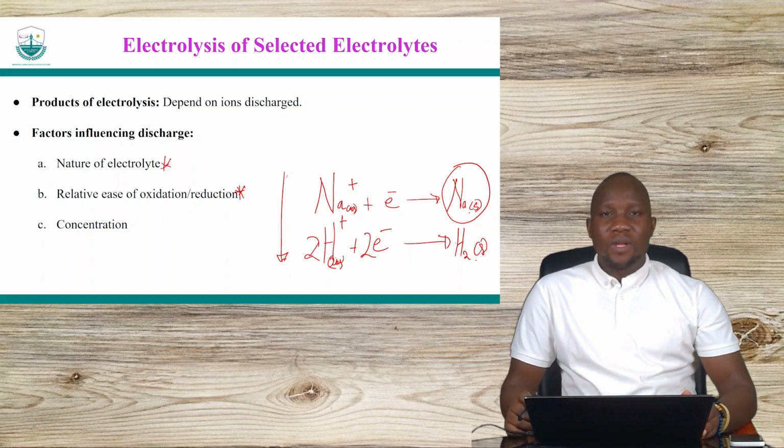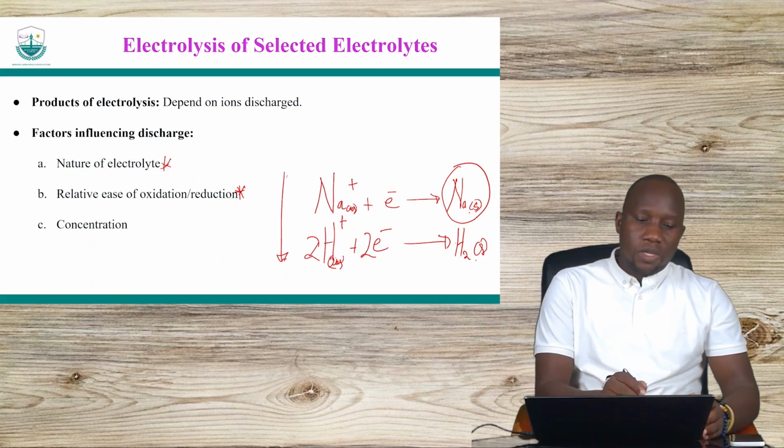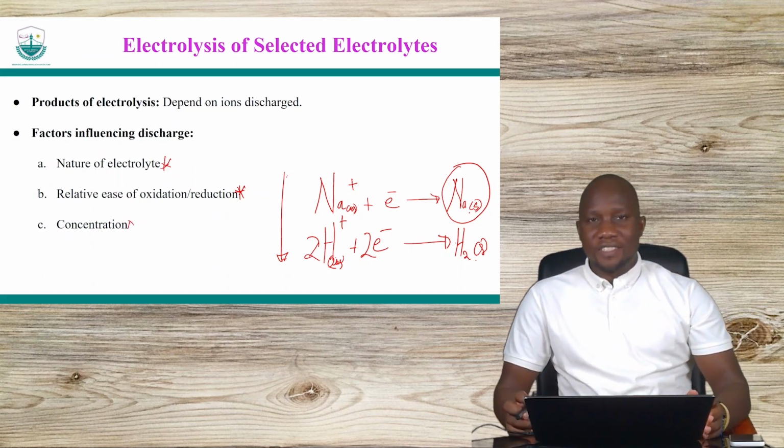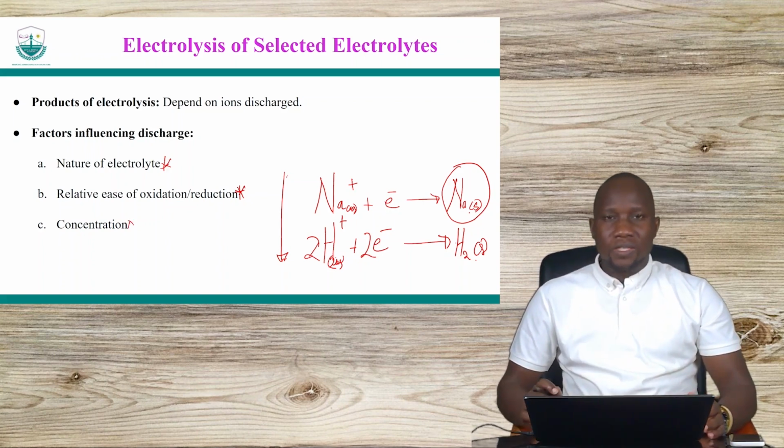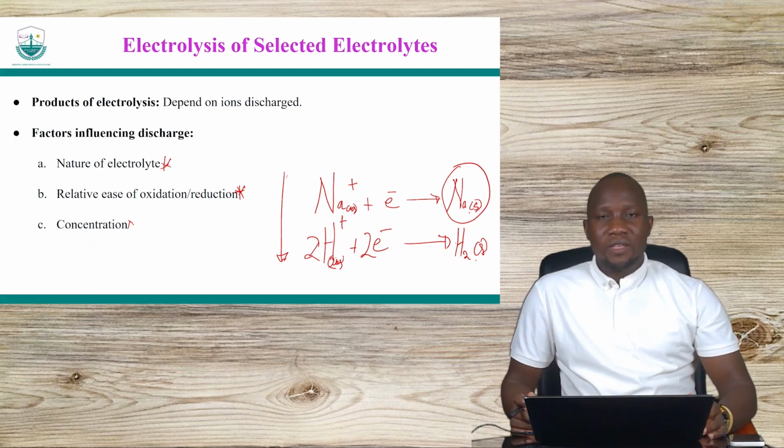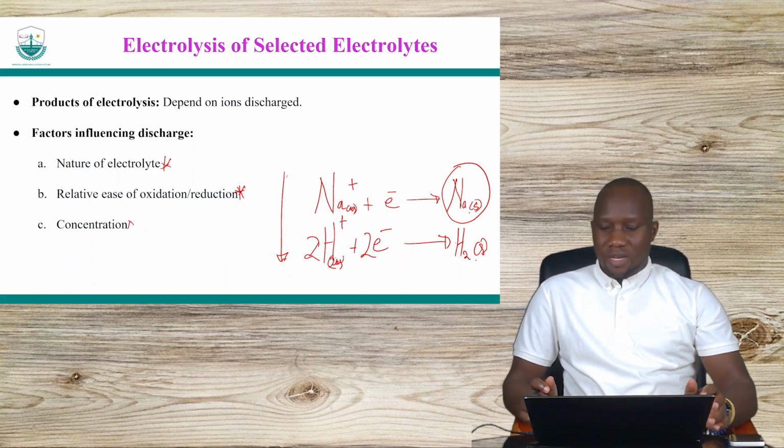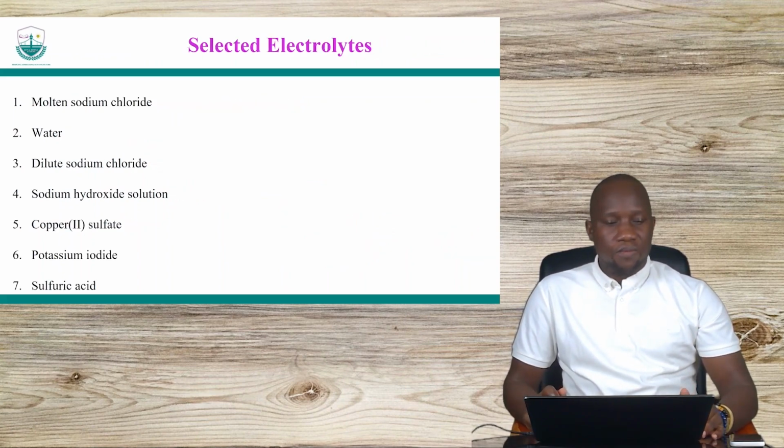Okay, and then after knowing the nature of the ions, then we can say this one will be discharged because the electrode is this, or because the concentration of the ion is this. So these are basically preliminary information that you really need to know in our discussion that is going to follow.